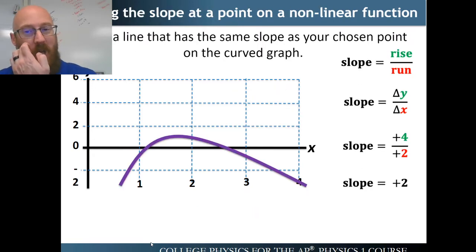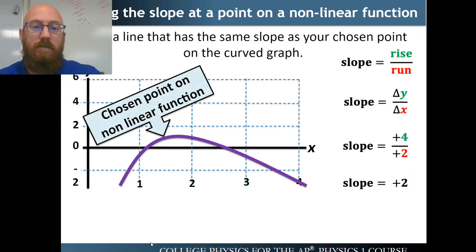All right, something a little harder. Rise over run. We have to pick a point. Same slope as you're choosing a point on the graph. The slope is positive 2. This is a nonlinear function. It could be a quadratic, it could be a polynomial, it could be an exponential. Actually, this graph probably couldn't be an exponential, but that's another argument.